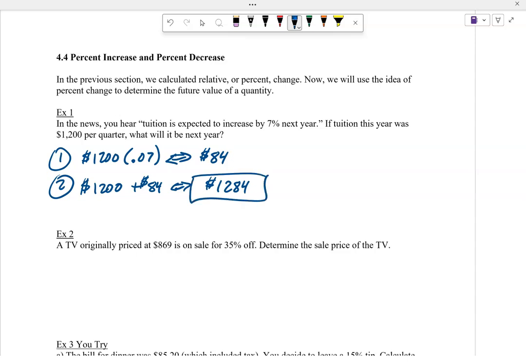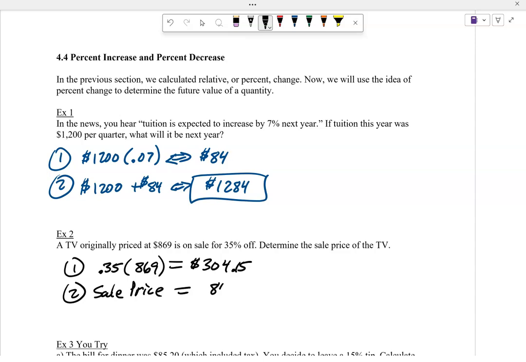A TV is priced originally at $869, but it's a 35% off sale. So what's 35%? Change it to a decimal, times 869, and you get $304.15 off of it. So what's the sale price?